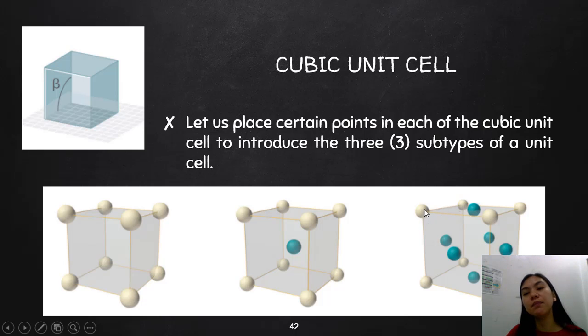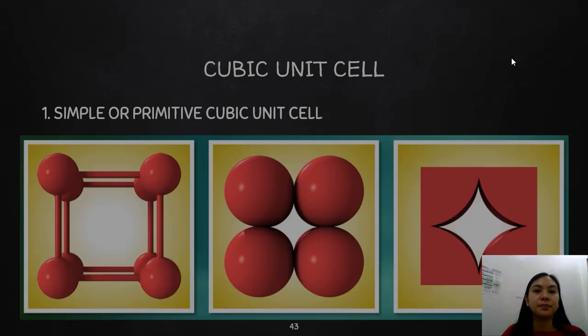So it's simply parang meron kang 8 atoms strategically placed at the corners of the cube plus an additional atom in each face of the cubic unit cell. Kumbaga sa bawat side niya, meron pang isang atom. Meron dyan, meron doon sa likod, of course sa baba and sa taas. So that's one. We will take a closer look at each one of them.